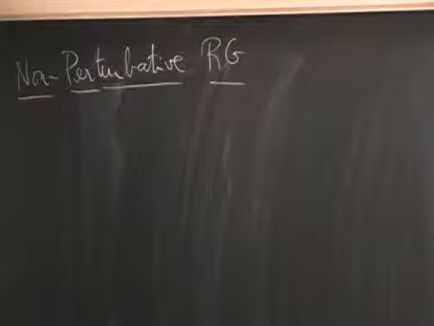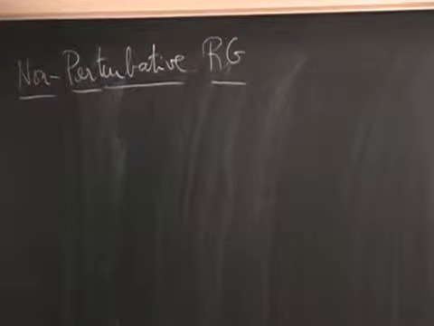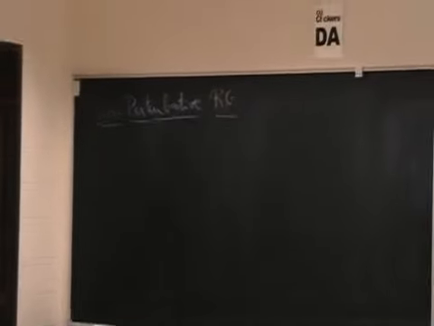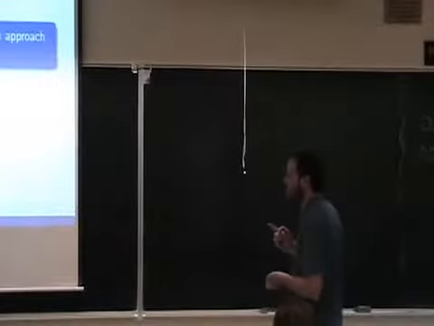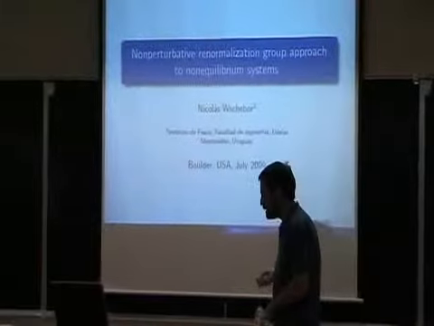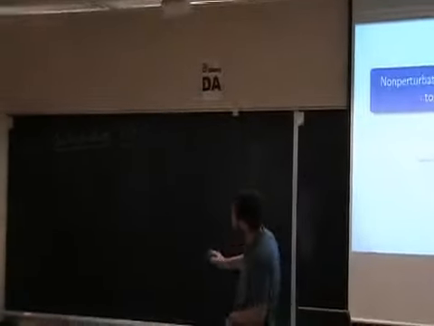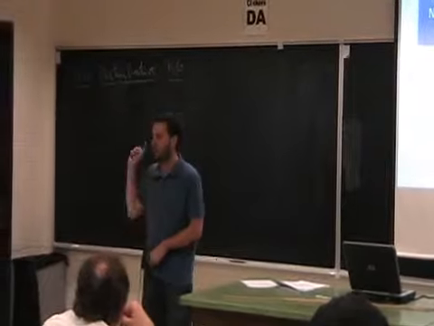And in the beginning of the 90s, mainly because of some works of Wetterich and Morris, people found one way to be able to do concrete calculations within a reformulation of the Wilson renormalization group, which is now called the nonperturbative renormalization group.